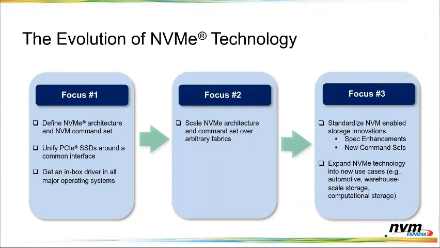So instead of just PCIe, expanding to Ethernet and to Fibre Channel. As those goals were accomplished, we've now moved into yet another focus of the organization. And that's really around innovation, making it so that we can have new types of command sets and different usage models that are even beyond those original ones.